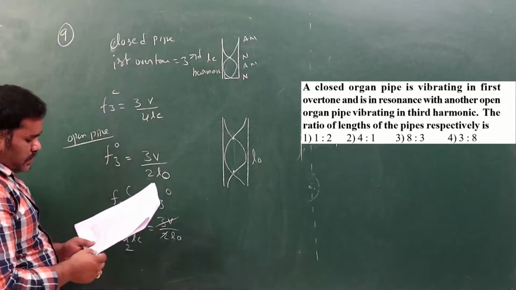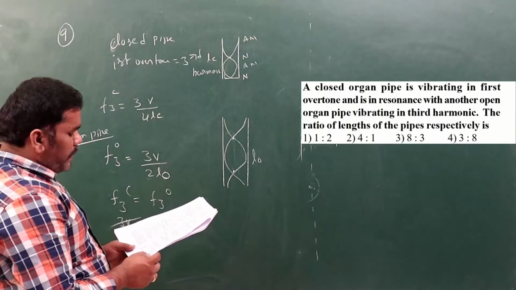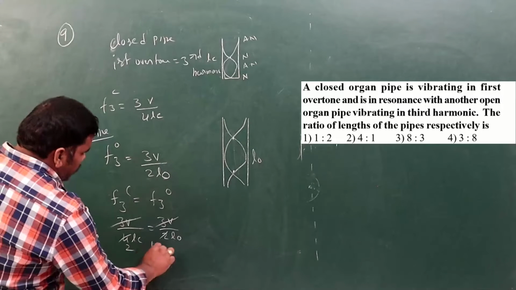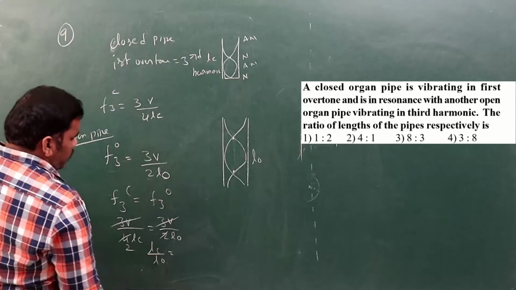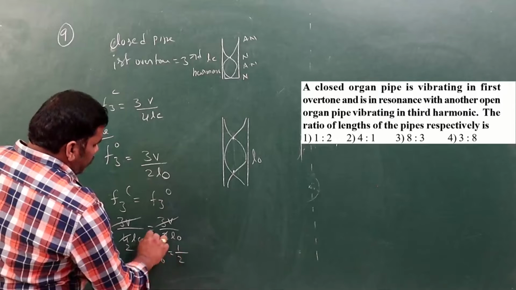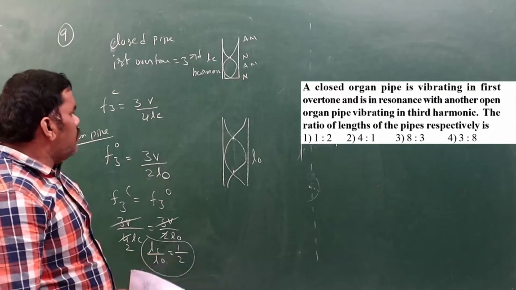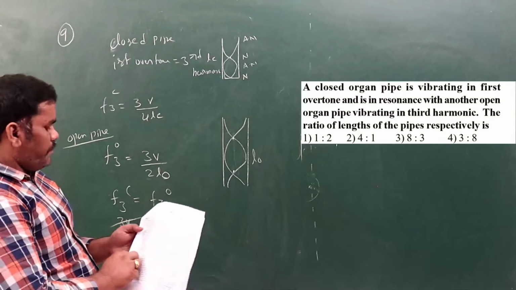So you can ask the question: the ratio of length of the pipes, closed by open. So that is LC by L0 is equal to 1 by 2.